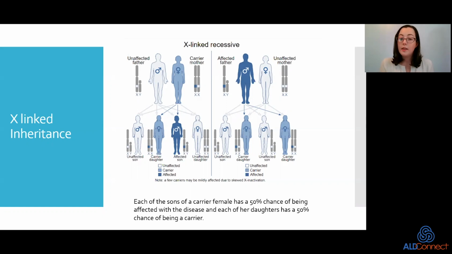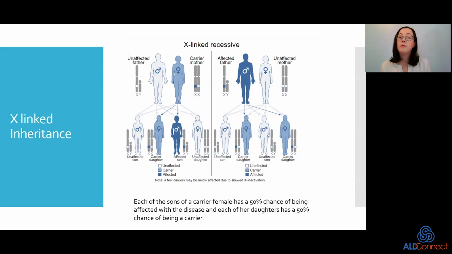So women who are carriers have a 50% chance to have a son with the condition and without the condition, okay? For their daughters, they also have a 50% chance to pass on that X chromosome with the copy of the mutated gene versus not, okay? So generally speaking, for each child, it's a 50% chance that they're gonna pass on the condition, and we know that males are more likely to be affected, okay?